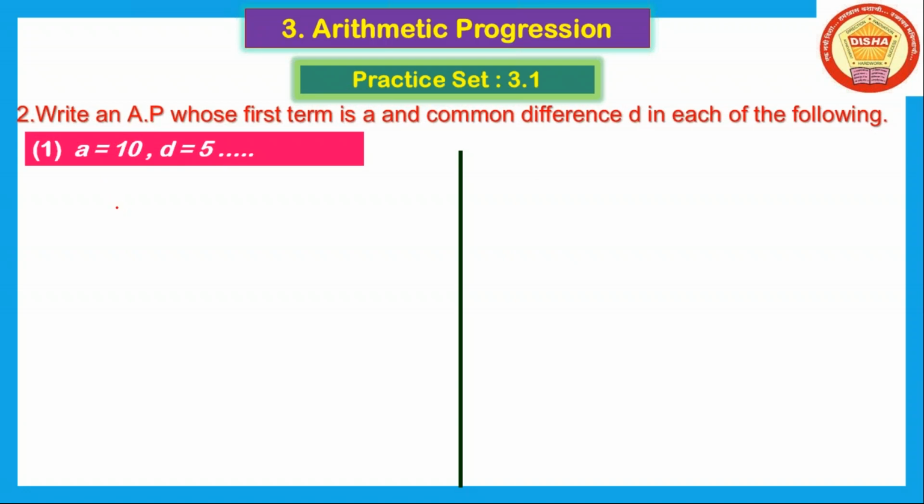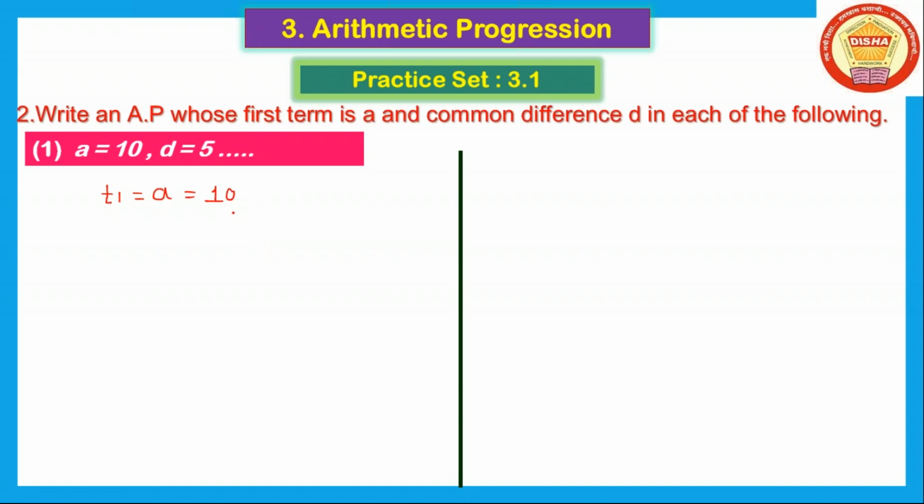If such questions are asked, then we take A as the first term. So here we write T1 is equal to A, which is equal to 10. Then we have to find the next terms in the AP. Here we find up to 4 terms.